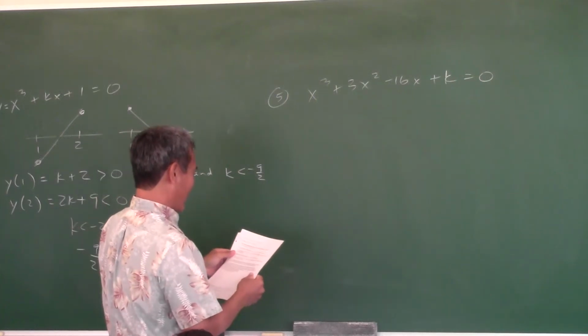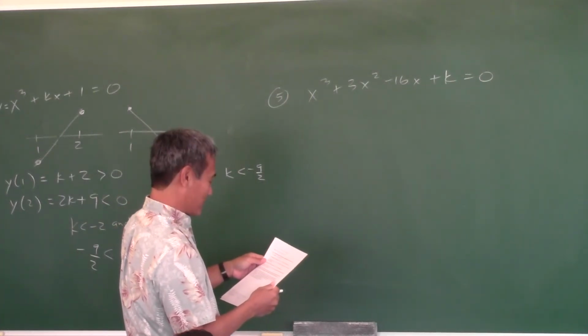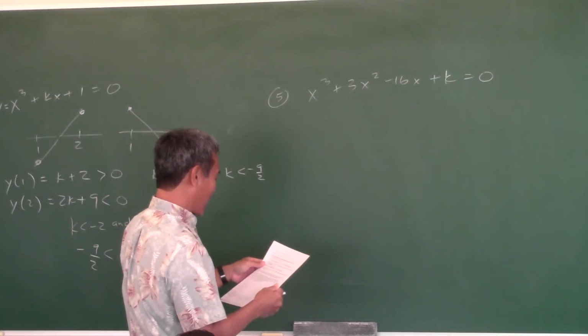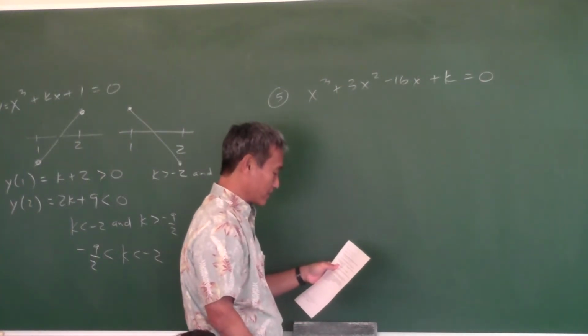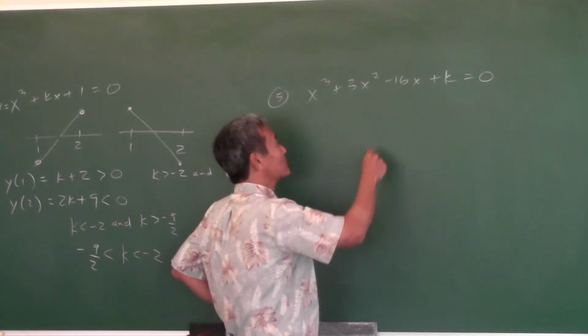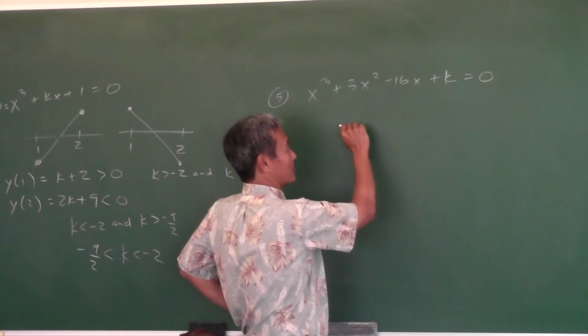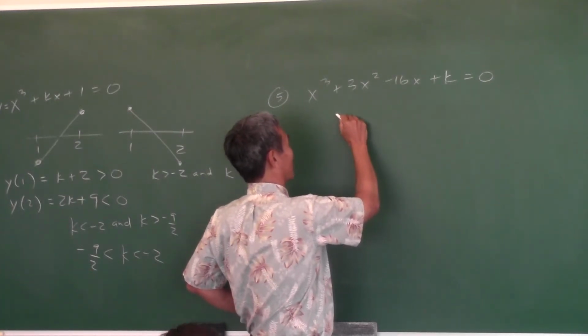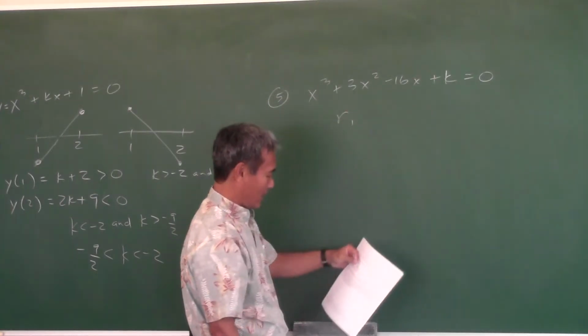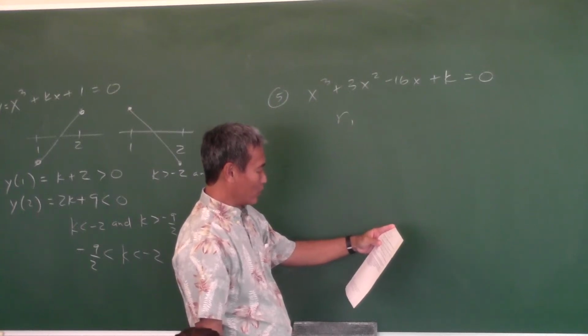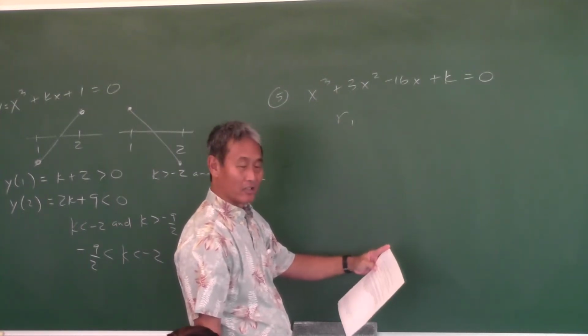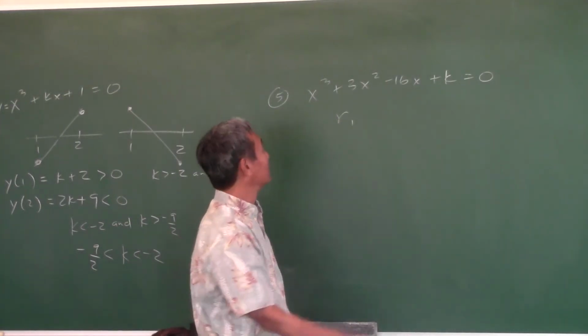Find the value of K. In fact, we just did a problem like this yesterday. One root is twice another, and all the roots are integers. I don't know what the 3 roots are, but what should I call the first one? R. Good choice. One root is twice another, so 2R.